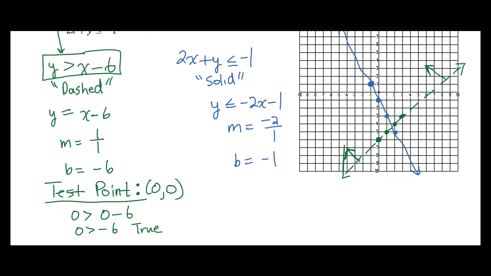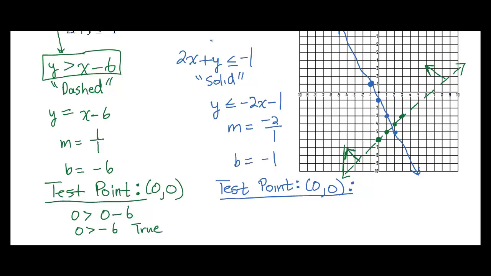Now I'm going to get to using my test point for my blue line, which is the inequality 2x plus y is less than or equal to negative 1. All right, again, that graph does not go through 0, 0. So I'm going to use 0, 0 as my test point again.